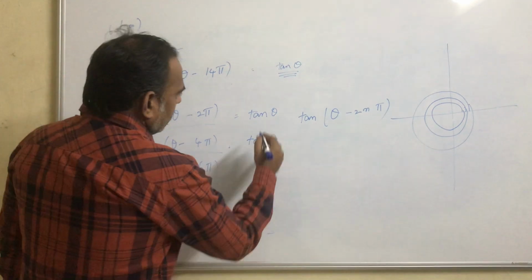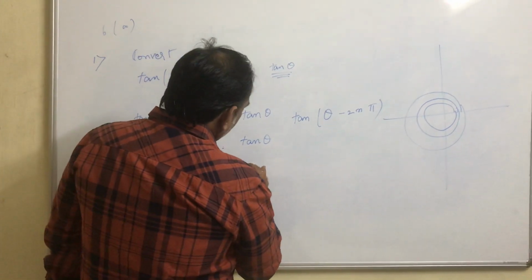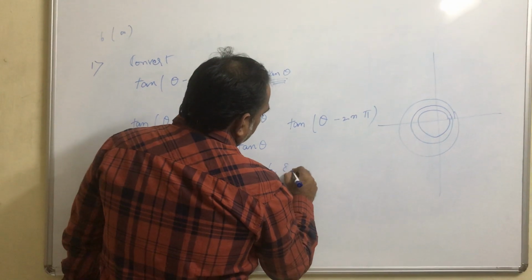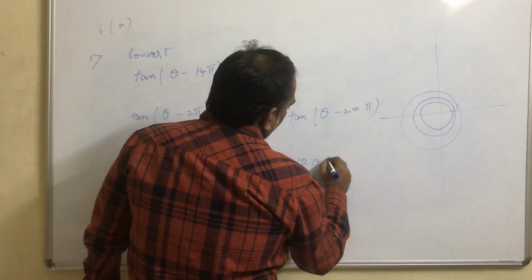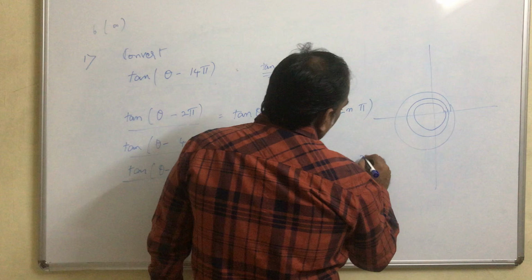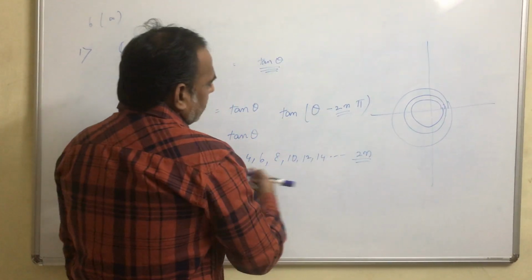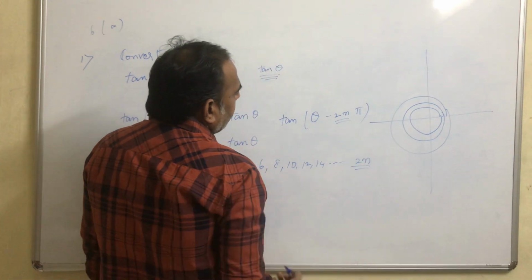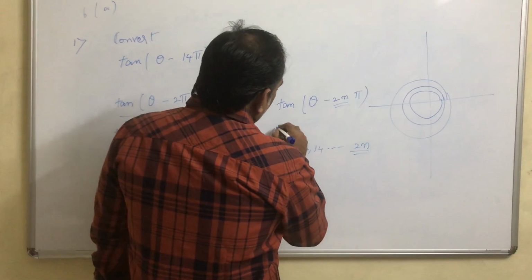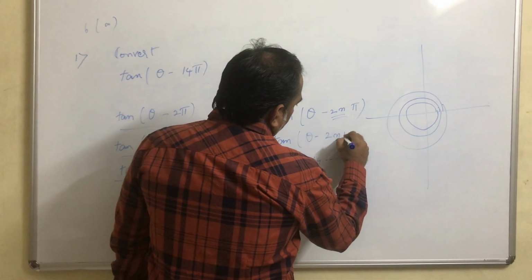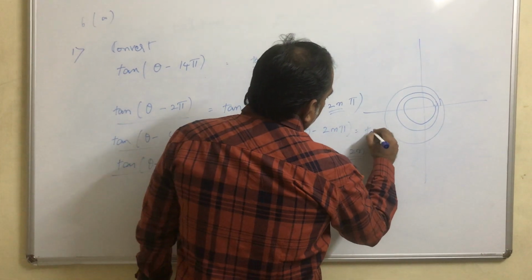If we make a series with 2, 4, 6, 8, 10, 12, 14, and so on, 2n, right? So the same 2n I have written here. It is a series of even numbers. So the simplest form of tan theta minus 2n pi is what? Tan theta.